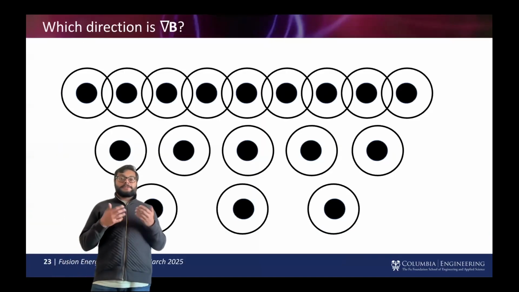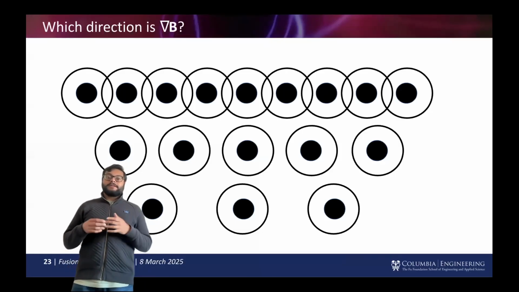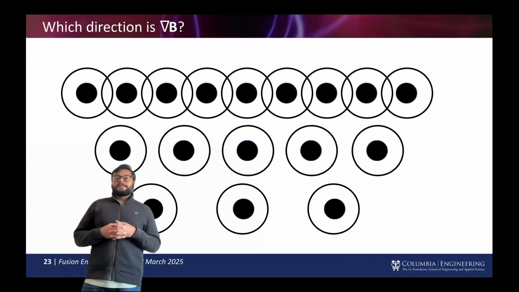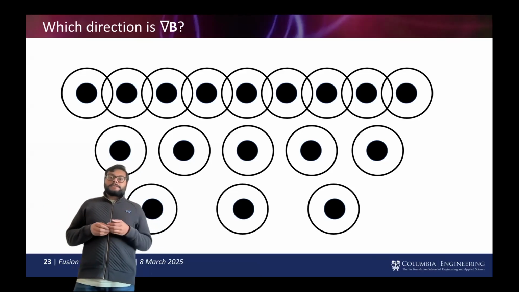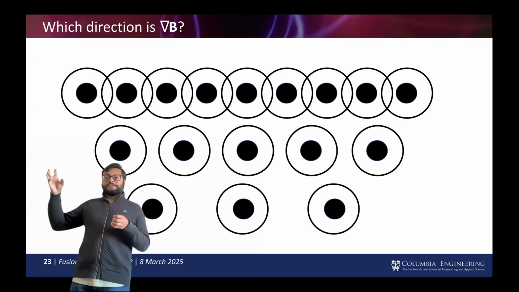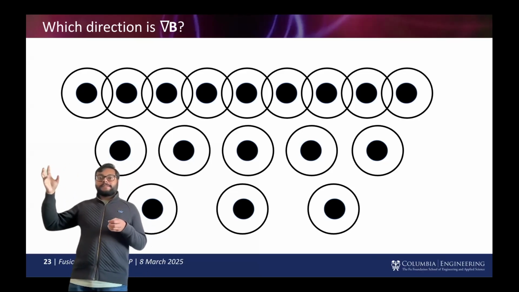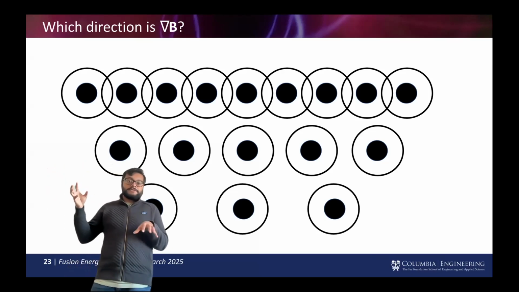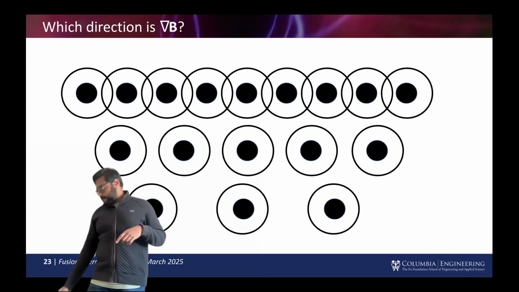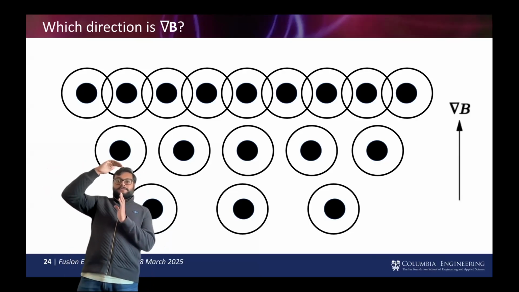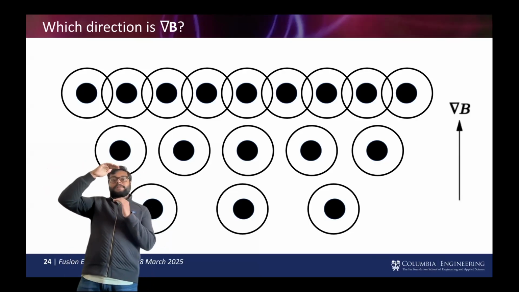So before we talked about drifts, one of the drifts that you end up getting is the grad-B drift. This is a drift caused by non-uniformity in your magnetic field. So you have some higher strength region for your magnetic field and some lower strength region, and so then you have a gradient in your magnetic field. In this case, we see that the strength is highest at the top and lowest at the bottom.